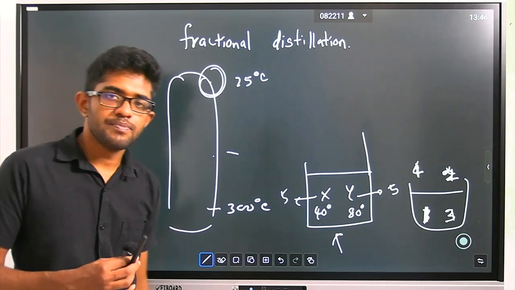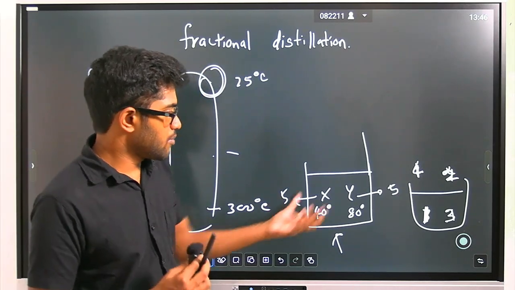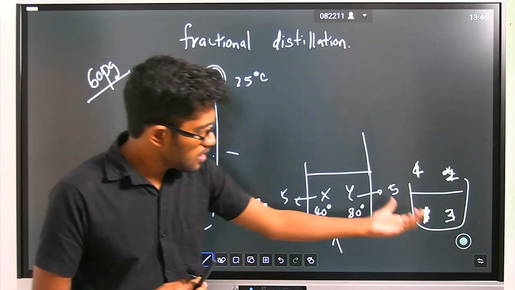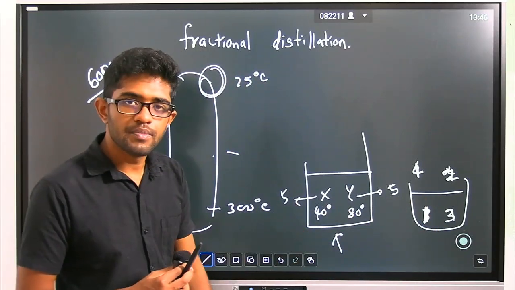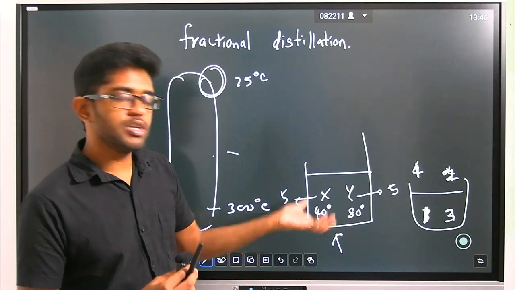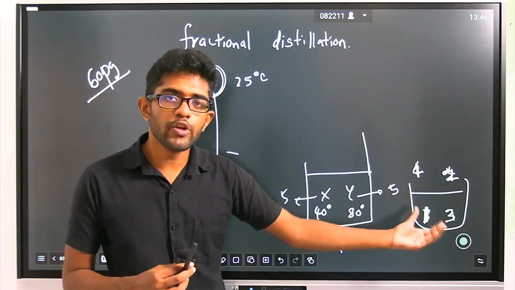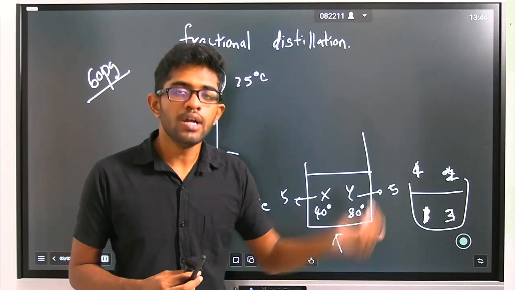So that's what happens. Then, as you can observe, even though the number of moles were similar at first, now the number of moles are not similar, right? Then what happens? Since the more volatile component has vaporized, the volatility of this solution altogether has increased or decreased? Decreased. Why?